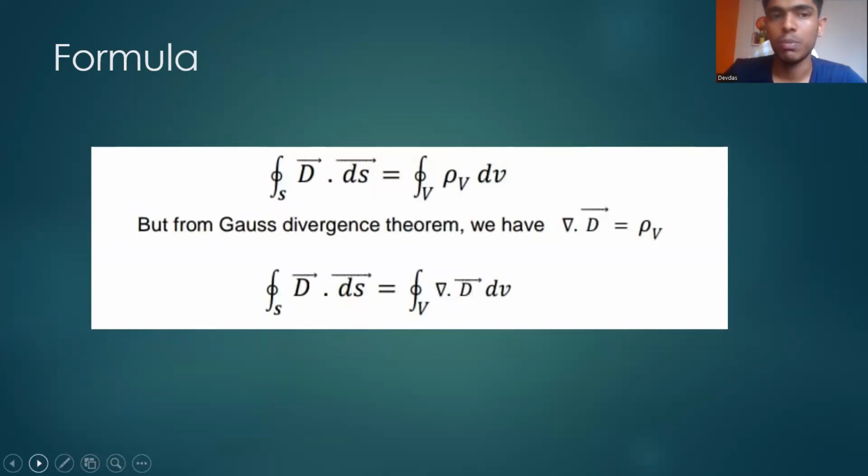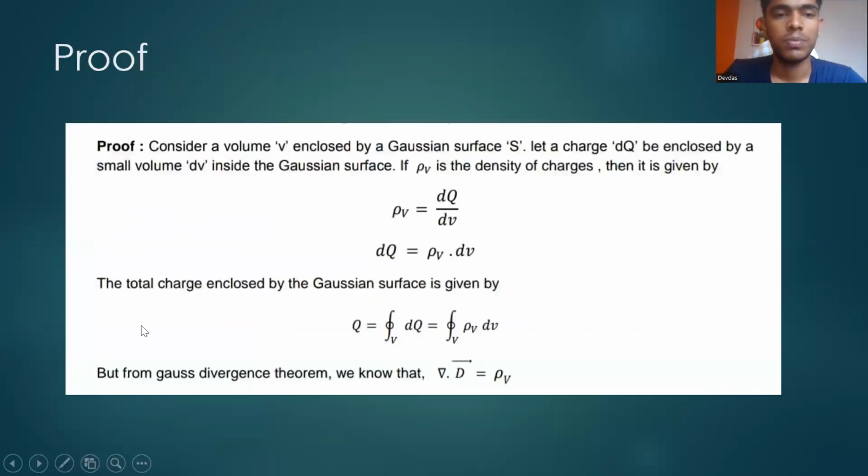So we can go through the proof once. Consider a volume V enclosed by a Gaussian surface S. Let a charge dq be enclosed by a small volume dV. So we're considering a small part of the Gaussian surface.